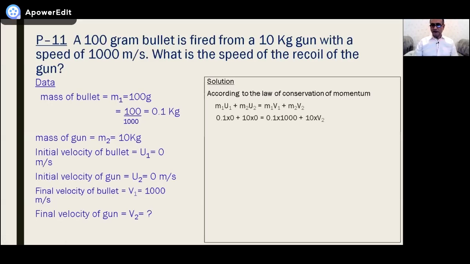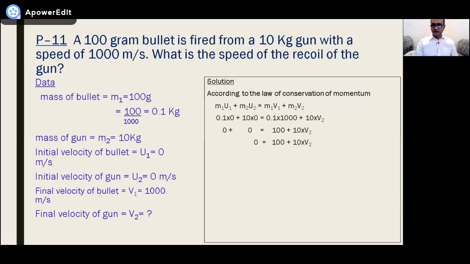Multiplying, 0.1 multiplied by 0 is 0, 10 multiplied by 0 is 0. On the right side, we multiplied 0.1 by 1000, it will give you 100. Now 0 plus 0 is equal to 0.